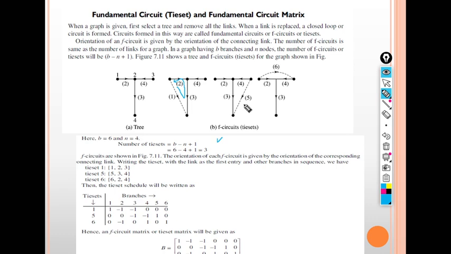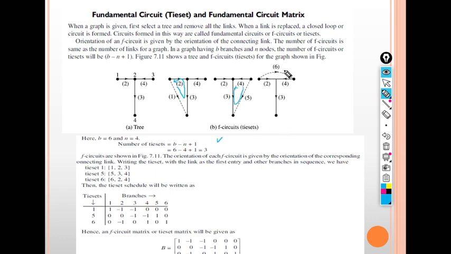Next I am taking 5, so the link direction is towards this, so I am taking it this way. The 5 link direction and the loop direction are the same, so 5 is +1, and 3 is opposite, so it's -1, and 4 is opposite, so it's -1.